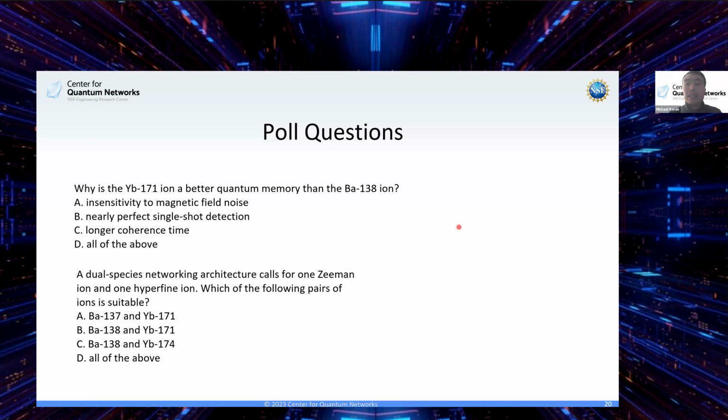Whereas barium-137 has a nuclear spin, so it has a hyperfine structure in the ground state, at least, and so it is a hyperfine ion. Barium-138 is the Zeeman ion that I've been referring to most, and ytterbium-171 is the hyperfine ion I've been referring to most.